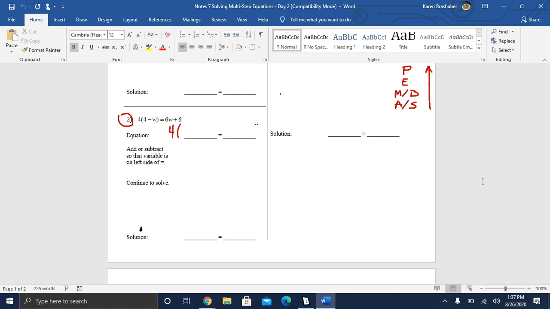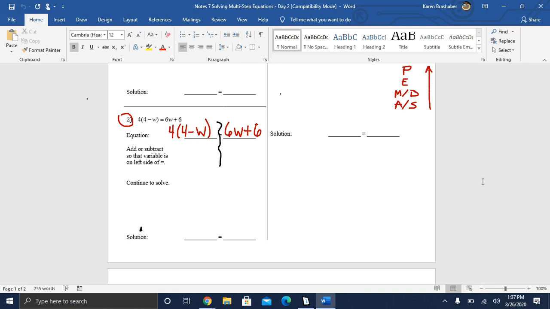Well, all right, I'm going to write my equation. So 4 times that parentheses, 4 minus w. Then you have your equal sign, that separator, and then 6w plus 6. So as I am working on this, we really need to see if we can simplify anything on one side of the separator, on one side of the equal sign.